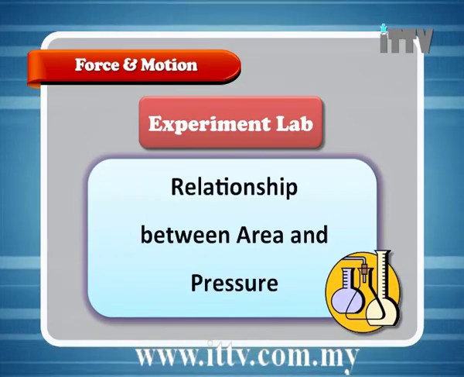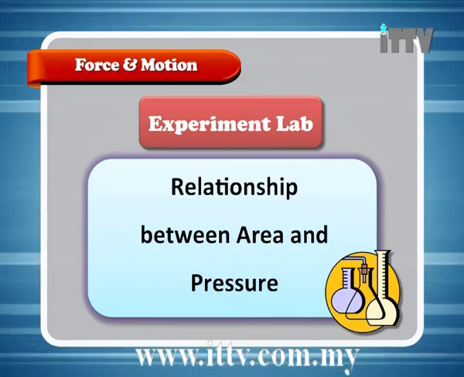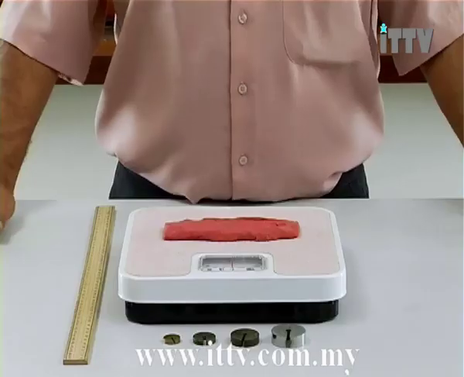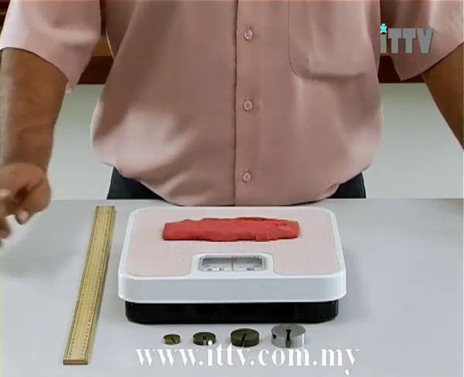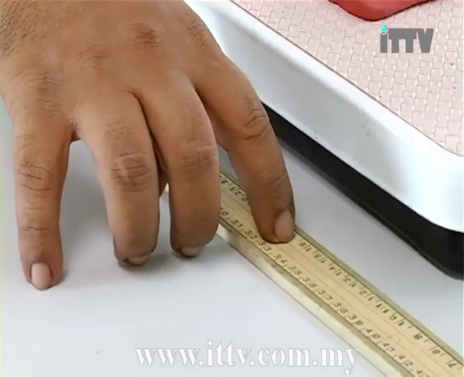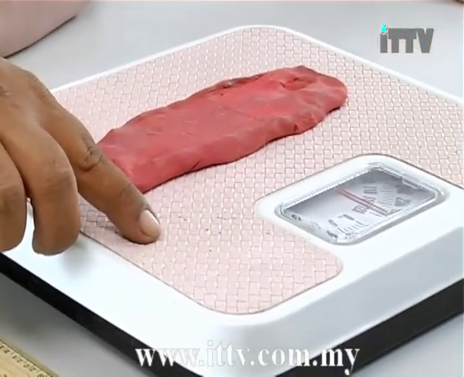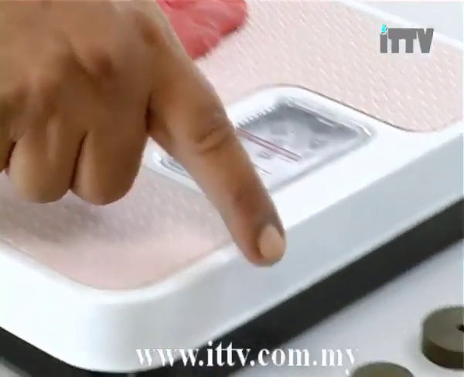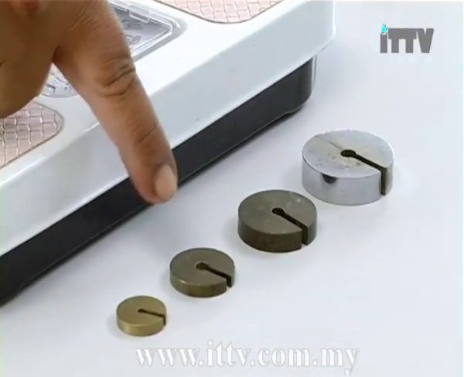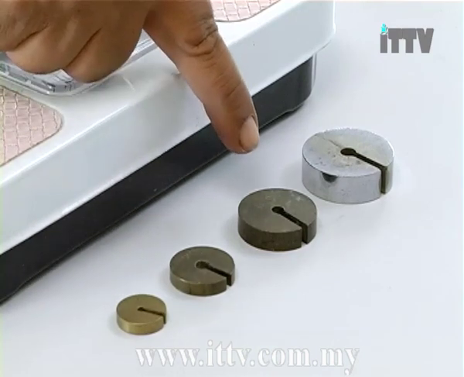Lab. Relationship between area and pressure. To investigate the relationship between pressure and surface area, our materials and apparatus are a half meter ruler, a weighing scale, plasticine, and 4 weights of different surface area.